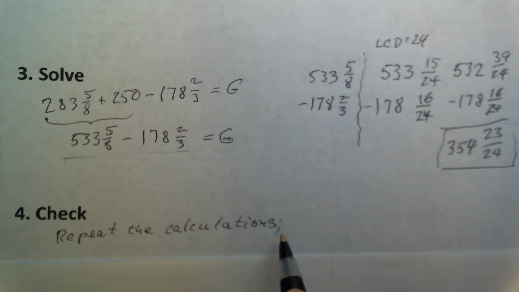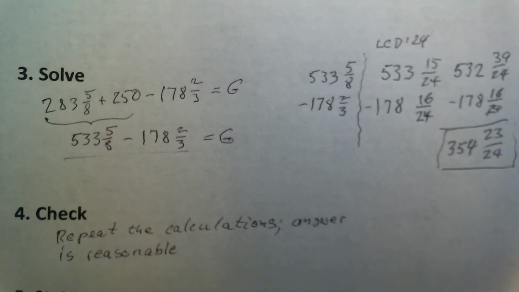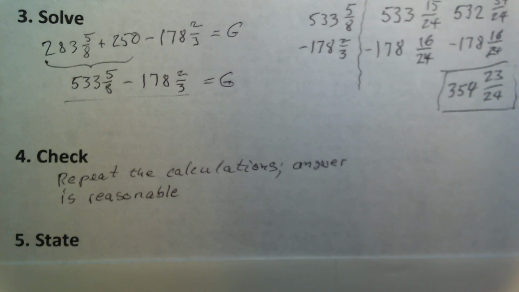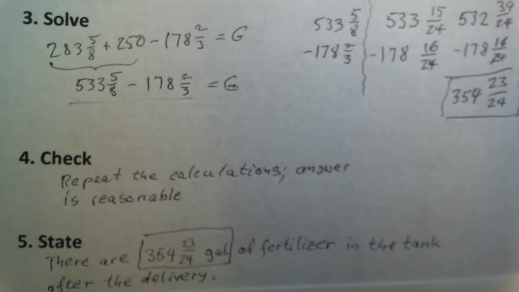That's why we learned about rounding. So we double check our calculations and the answer is reasonable. And now we're going to state the answer. There are 354 and 23/24 gallons of fertilizer in the tank after the delivery.